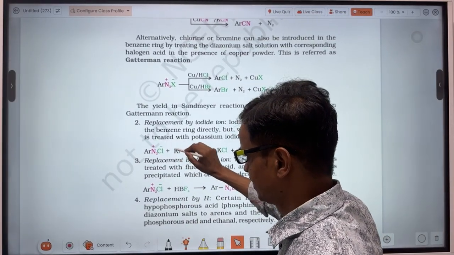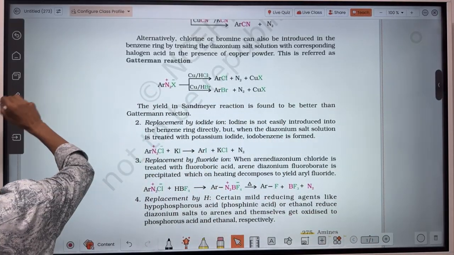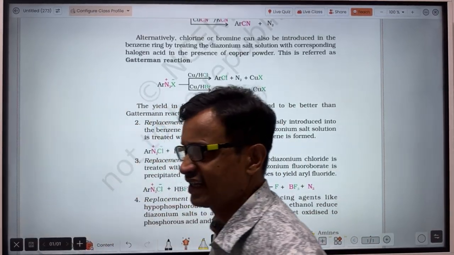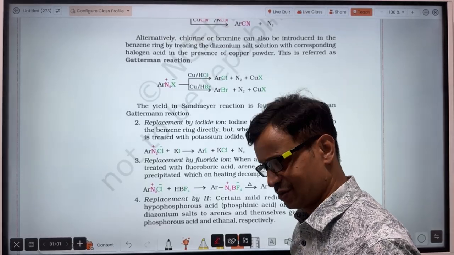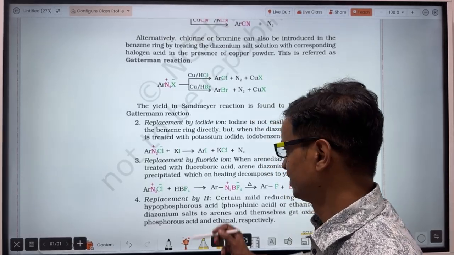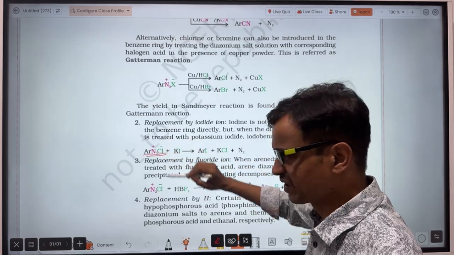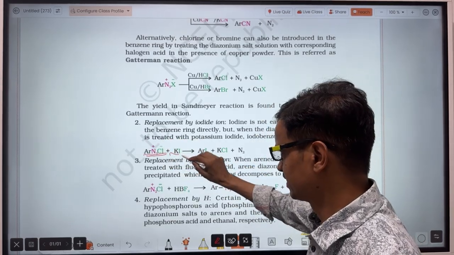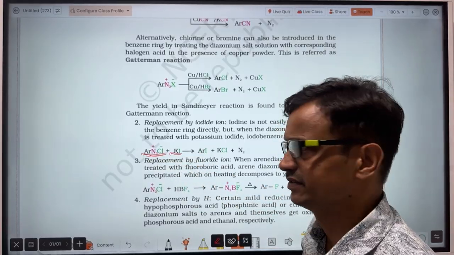We have to take KI in place of Cu and HI; Cu2I2 we cannot take. So to prepare iodobenzene, we have to react the diazonium salt with KI.